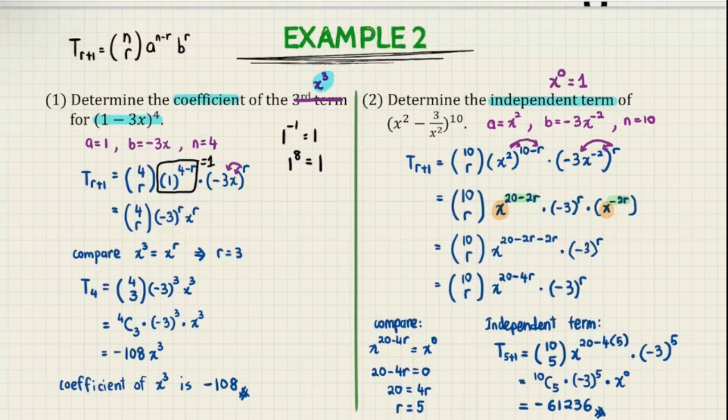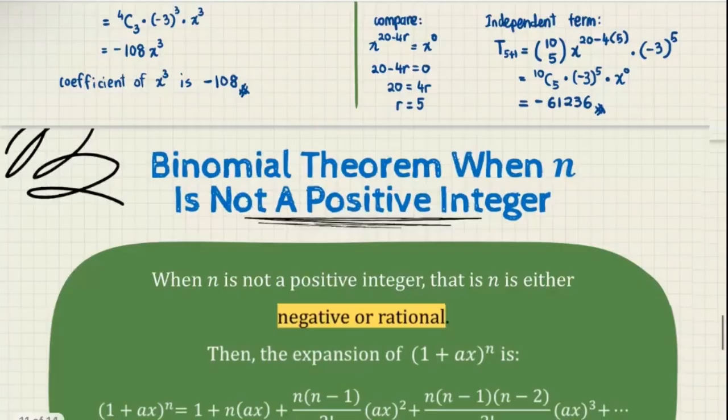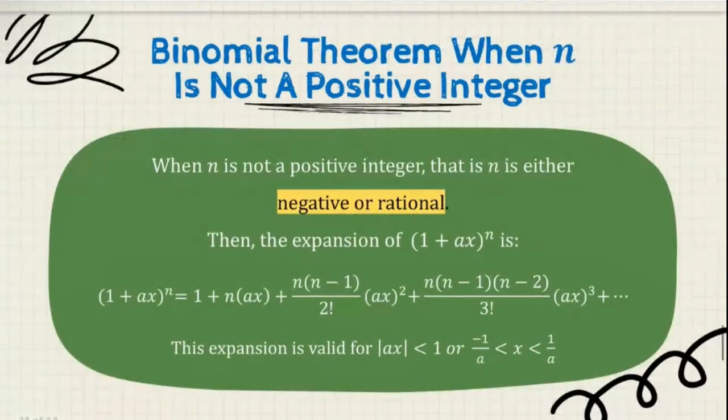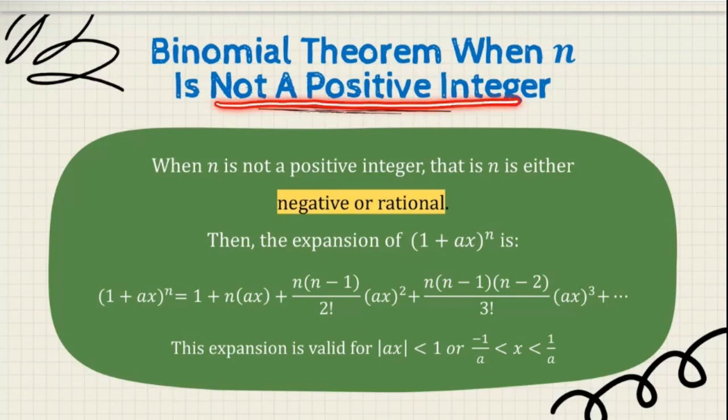So seterusnya saya akan tunjukkan the binomial theorem, binomial expansion when n is not a positive integer. So ini merujuk kepada n yang negatif ataupun rational.